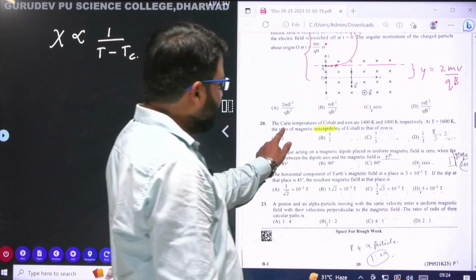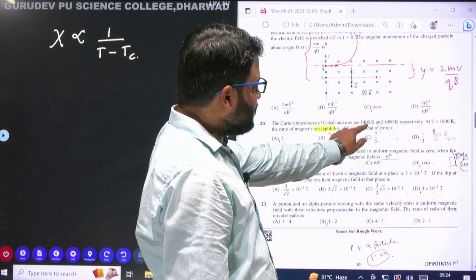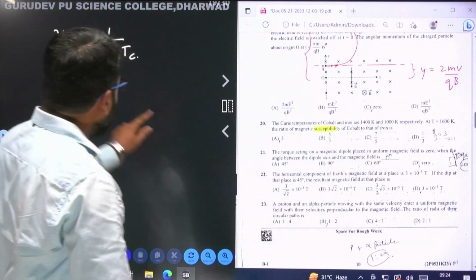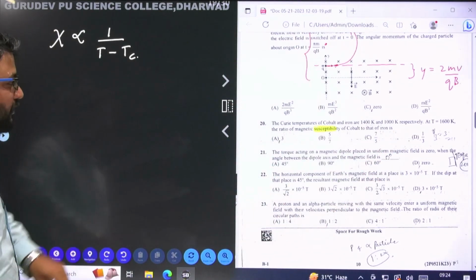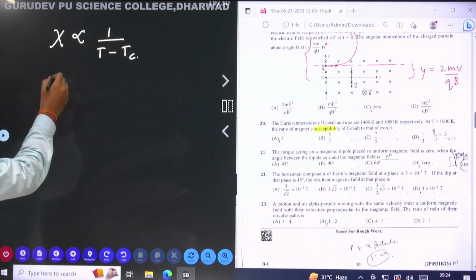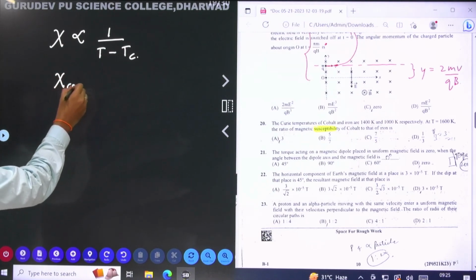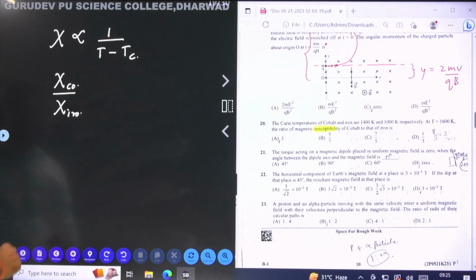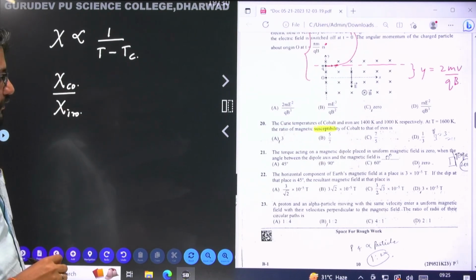They are saying that Curie's temperature for cobalt is 1400 Kelvin and for iron 1000 Kelvin. You have to find the ratio of chi of cobalt divided by chi of iron.